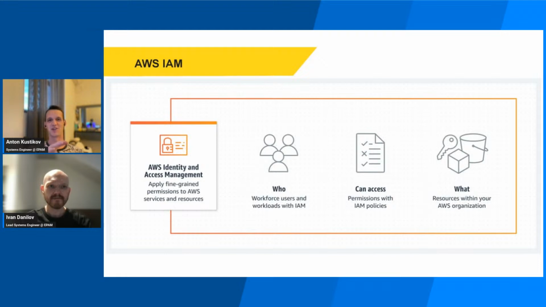First of all, to log into your AWS console, you should have the root account. The root account is the most privileged account in your account. Okay, sorry for the tautology.